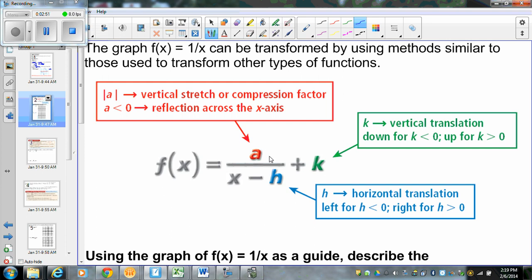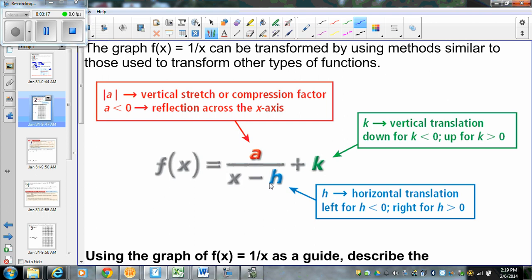That constant a is going to represent a vertical stretch or a compression by whatever factor a is. So for example, if that was a 2, then we would be stretching all of our points vertically by 2. If this constant is negative, then that negative, just like all negatives in all of your transformation functions, represents a reflection across the x-axis.